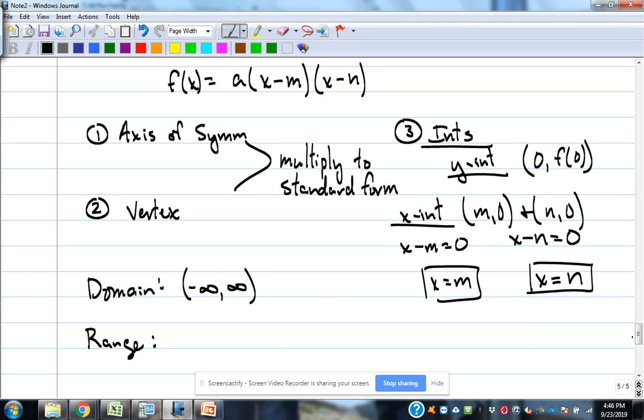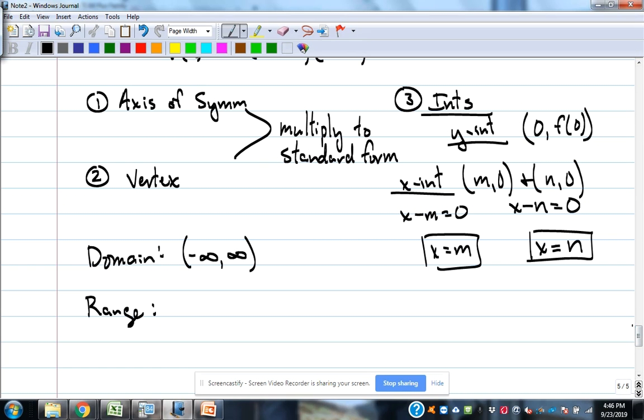The range, again, it's going to go back to exactly like it was with standard form. If A is positive, it's going to be from whatever the y value of the vertex is, and then positive infinity. If negative, it goes from negative infinity up to the vertex.